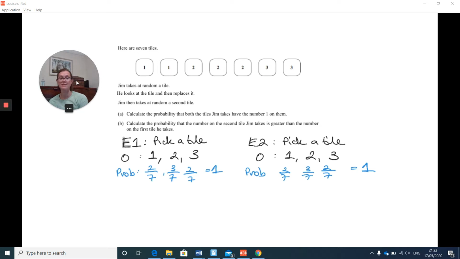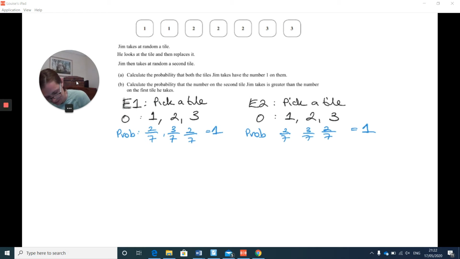What we do now is we write this as a tree diagram. It looks something a bit like this. Event 1 is my first column and event 2 is my second column. For event 1, I have 3 branches, and in my second column, I'm also going to have 3 branches.